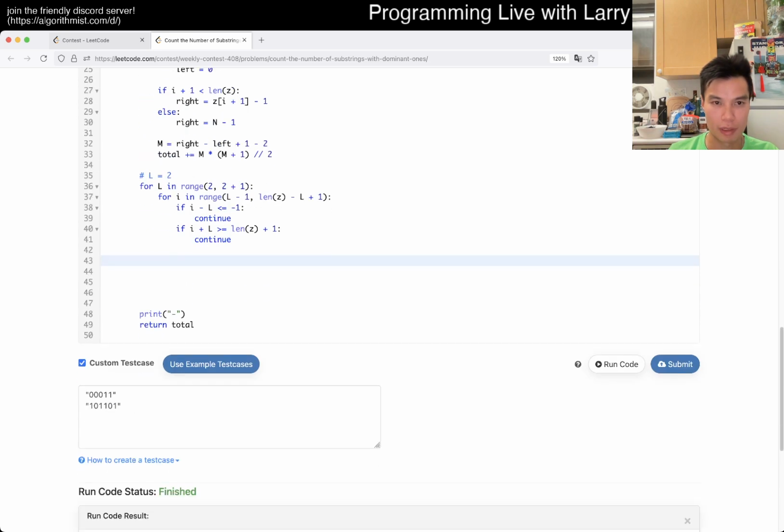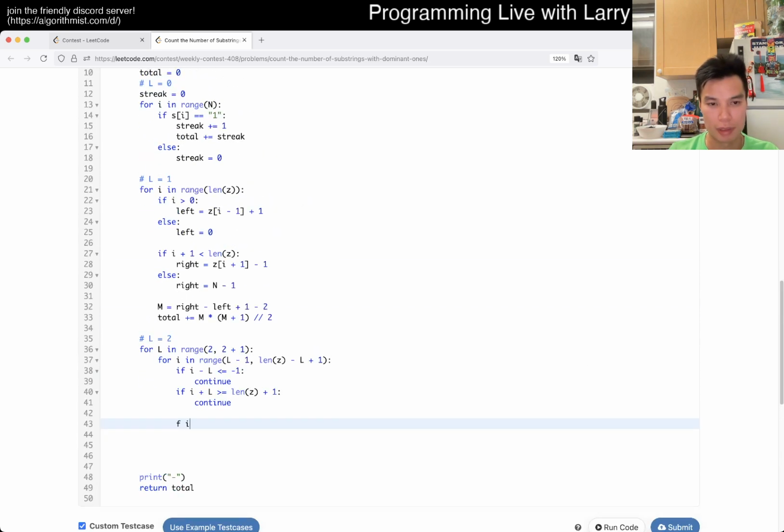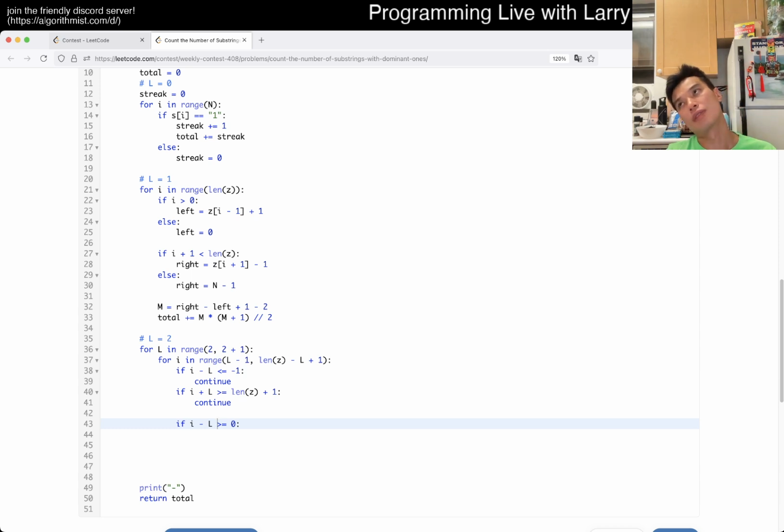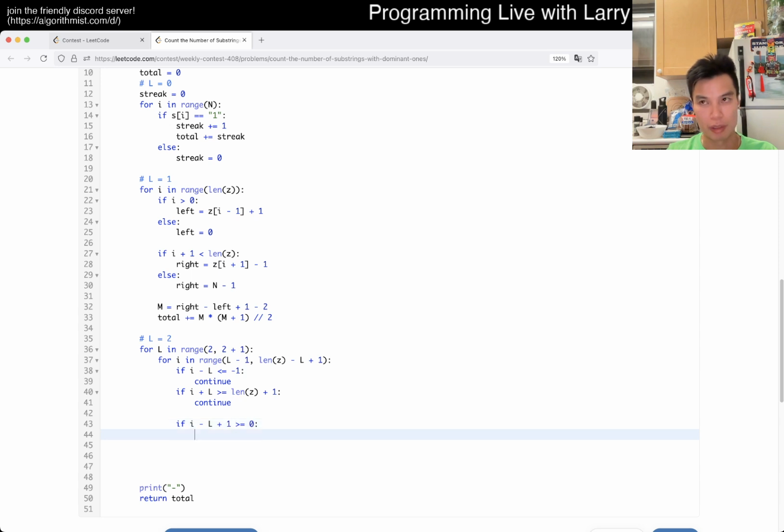Otherwise, okay, so then now if i minus, if this is greater than or equal to 0, so length 2 should be this plus 1, right? Okay, yeah. In that case, then left is going to be equal to C, i minus plus 1, right?